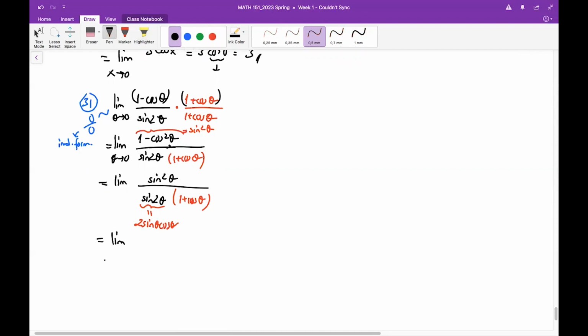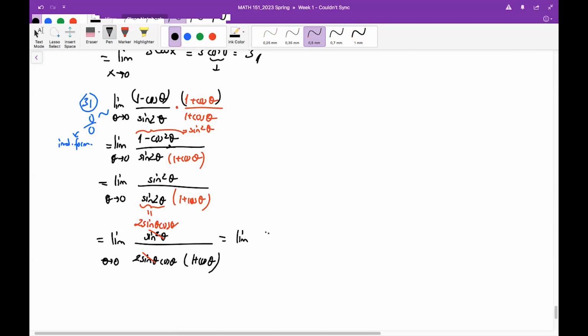Then what we have, limit as theta goes to 0, sine square theta over 2 times sine theta cosine theta times 1 plus cosine theta. You see, this is the simplification that we search for.